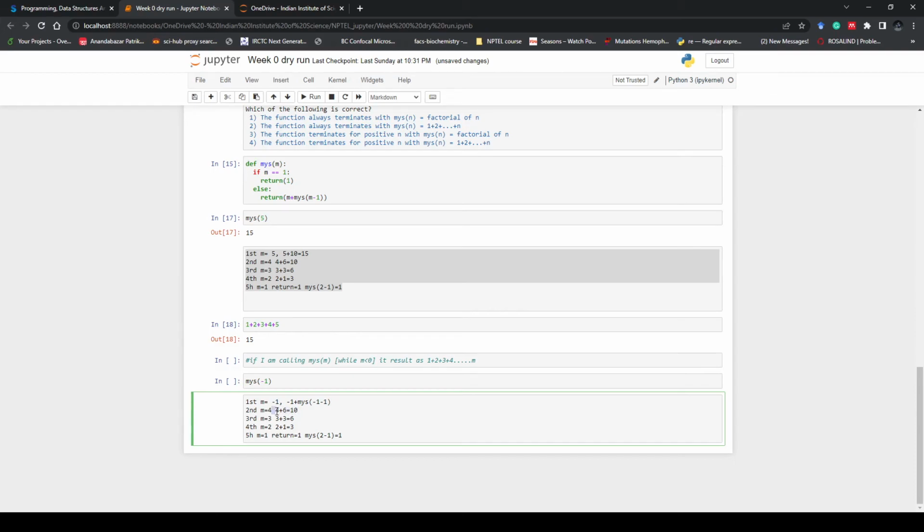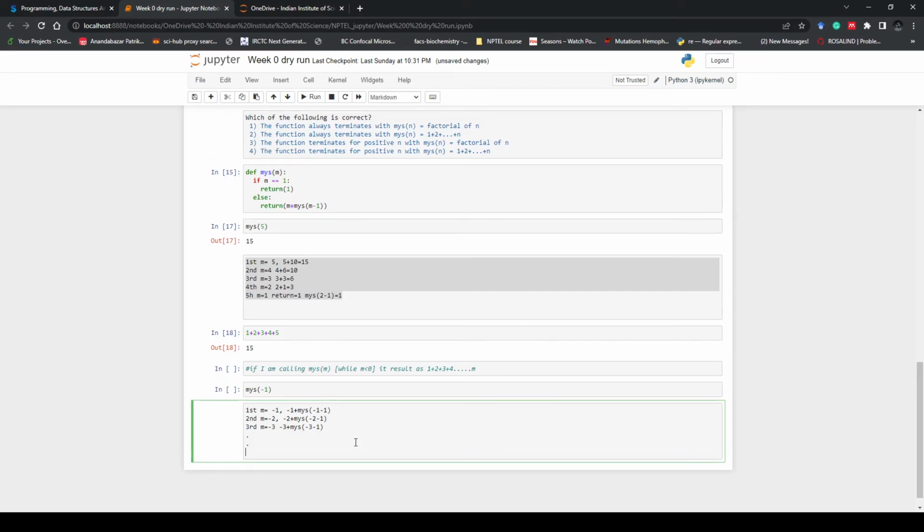Then this will again call, at the second time m is equal to -2, and that will call -2 plus mys of -2 minus 1, then it will call -3, and then m is -3, then it will go for -3 plus mys of -3 minus 1, like that, and it will go on as an infinite loop because m will never be 1, so it will automatically call the negative value.